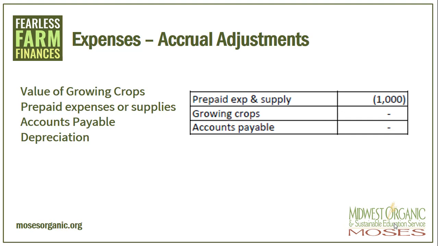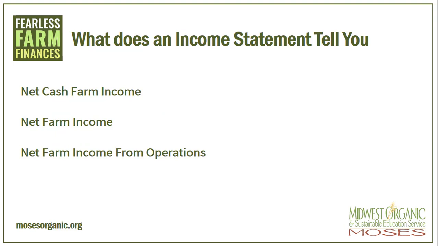On your income statement, you also see at the very bottom there's a capital adjustment. We will talk about this in a little while. If you are completing your own balance sheet and income statement as we are working through this, now would be a good time to pause the webinar and complete your income statement, including calculating those lines that say net cash farm income and net farm income at the bottom.